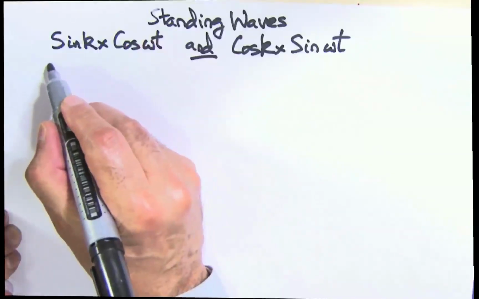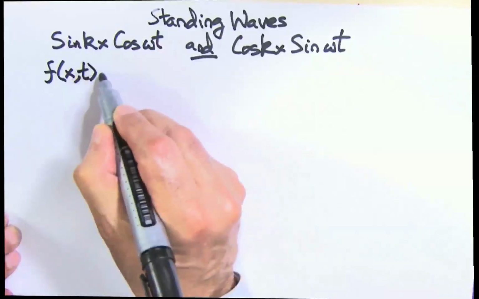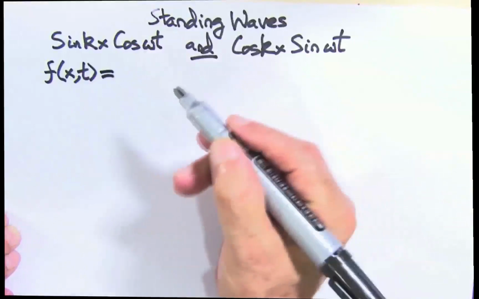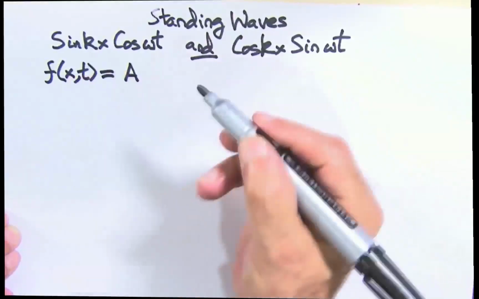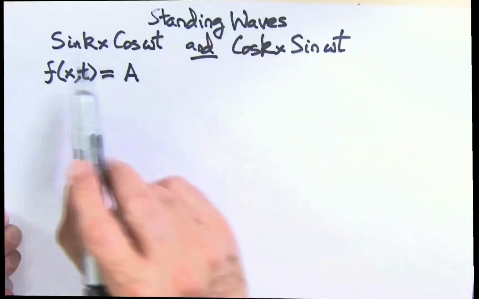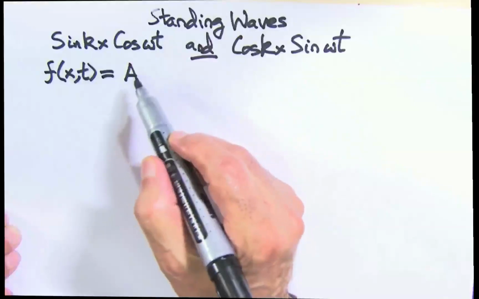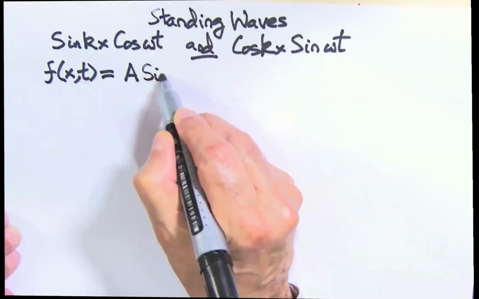Now, by the principle of superposition, the actual solution can be a linear combination, which is a fancy way of saying just the sum of this and this with different constants in front. So let me take A to be one unknown constant.